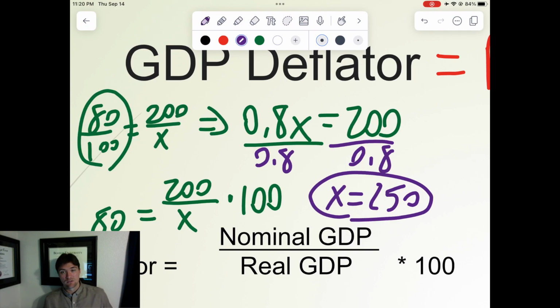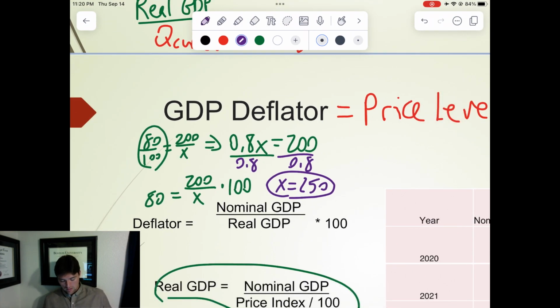If that math is too complicated for you, don't worry. Here's the formula, okay? Focus on that. That's the main thing: nominal divided by real will give you the deflator.